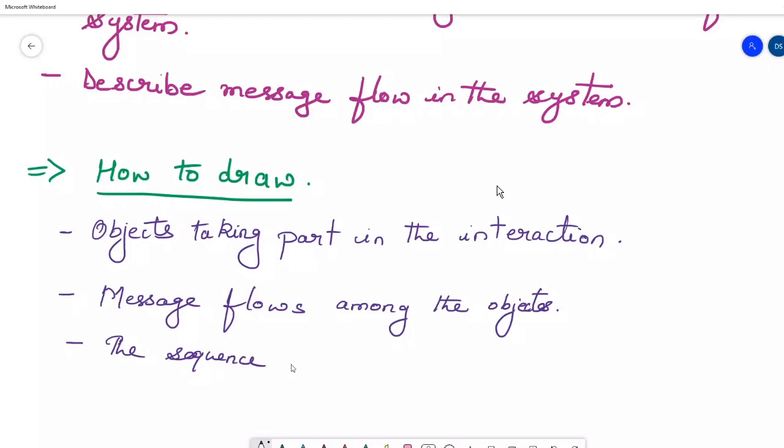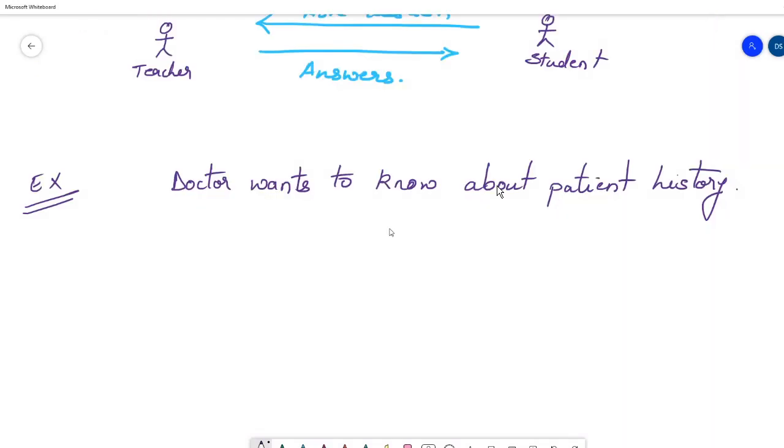You can draw an example where maybe a doctor wants to know about a patient's history. What is the patient history? What all medicines he has been taking in the past, or whether he was dealing with any health issues and so on.